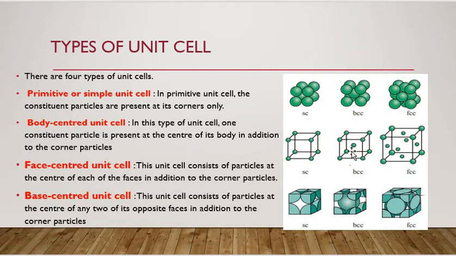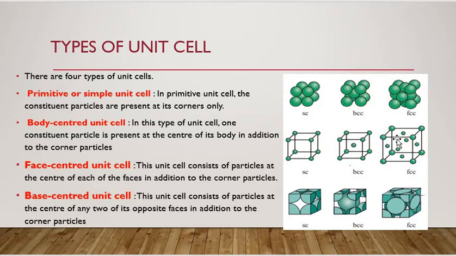They can belong to so many other unit cells also. But in case of BCC, the particle which is present inside this unit cell totally belongs to this unit cell only. That is why it is called BCC.